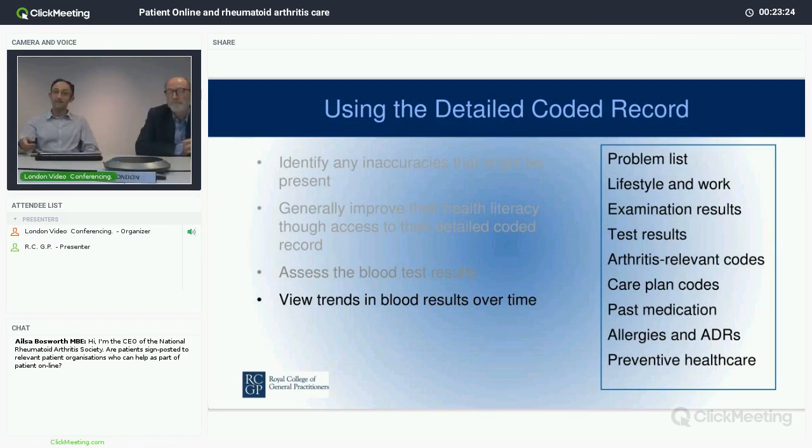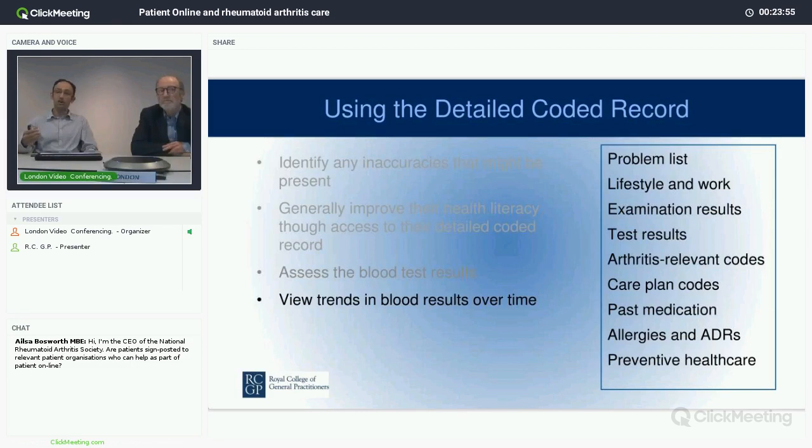And the other thing they can look at is blood tests and blood trends over time. So they can look at how their liver function is behaving over time, how their renal function is behaving over time. And one area that Patient Online has benefits, even over and above what the rheumatology departments will have, is a longitudinal view of all those test results throughout the patient's history.